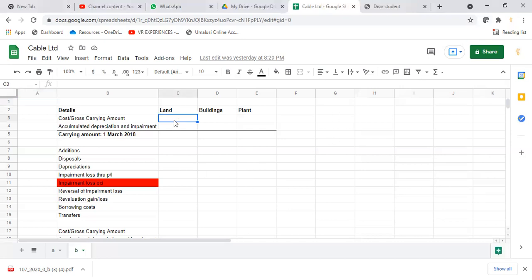Let's start with land. We'll just start as we go through the notes, okay?